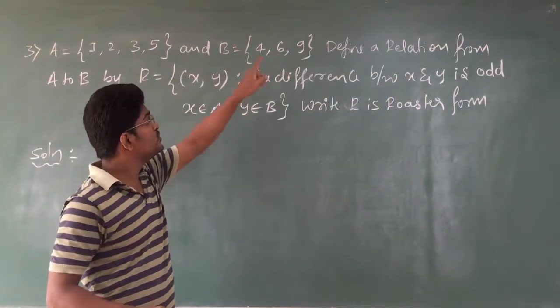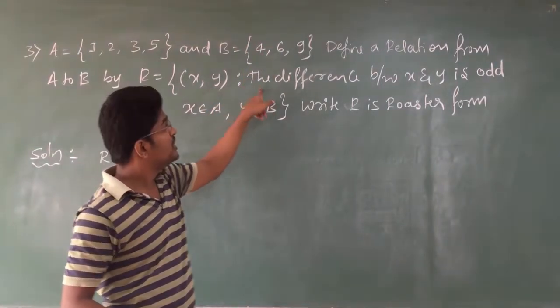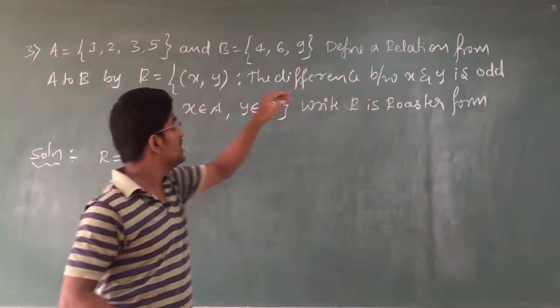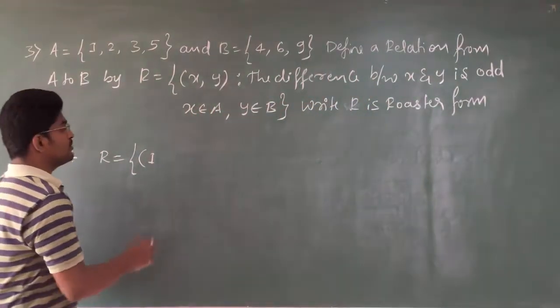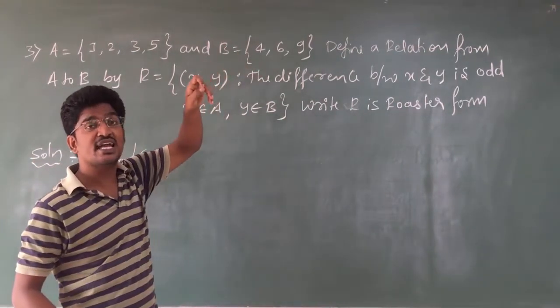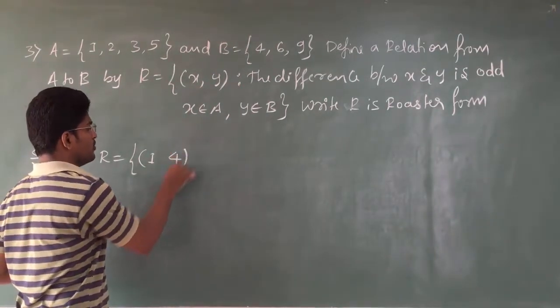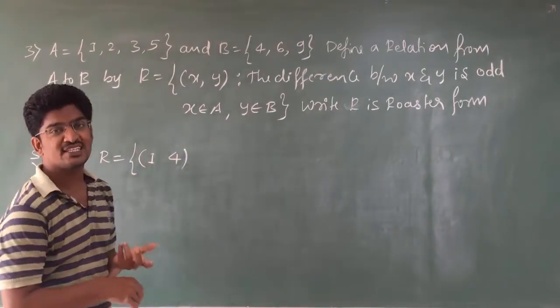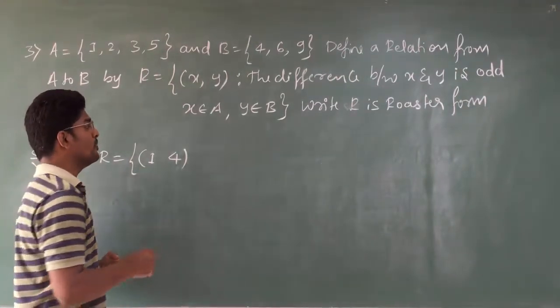Clear? So while choosing the element from B, see the condition of R. The difference between x and y is odd. That means here you have to choose the number from B such that their difference is odd. I can write 4 because 1 minus 4 is minus 3, or 4 minus 1 is 3. So 3 is an odd number, no problem.